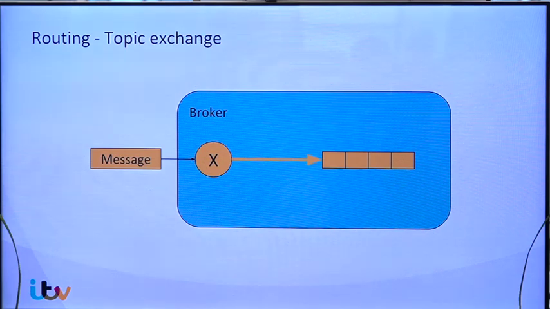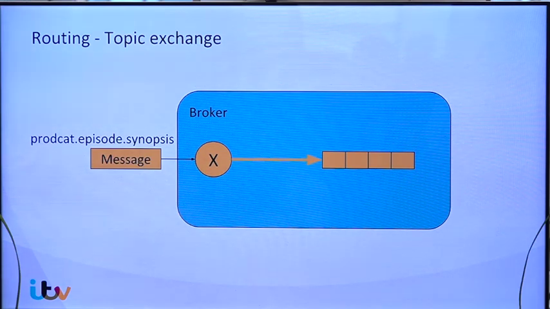Topic exchanges are similar, but they allow wildcard matching. So say we had something in our product catalog service that told us when things changed in the various parts of the product catalog. In this example, the synopsis for an episode has changed. We can use wildcards to determine how that's routed.